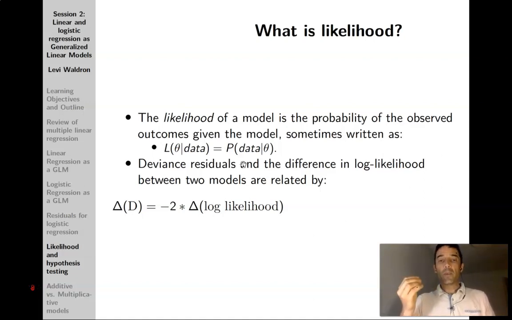But the difference between the likelihood in two models on the same data is important. And that's related to the deviance residuals by this relationship: the difference in deviance residuals between two models is -2 times the difference in log likelihood.